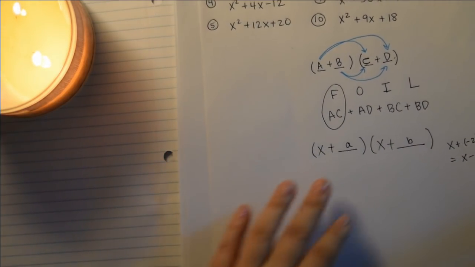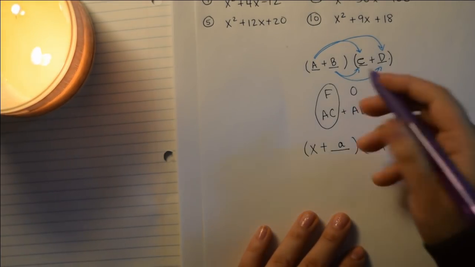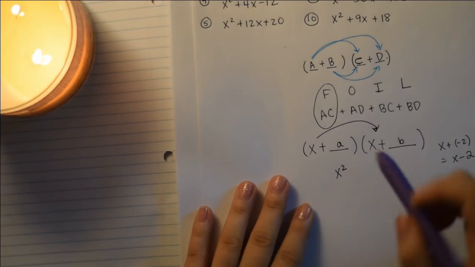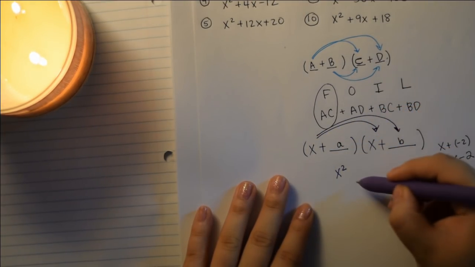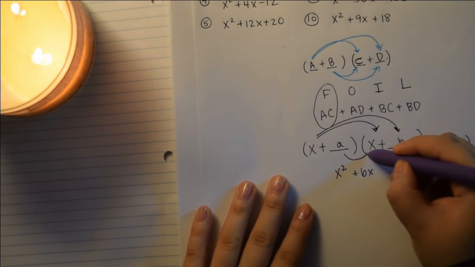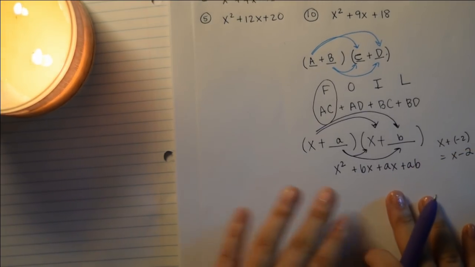When we multiply this out using the FOIL method, we do the first, which is x squared, the outer, which would be bx in this case, the inner, which would be ax, and the last would be ab, like that.